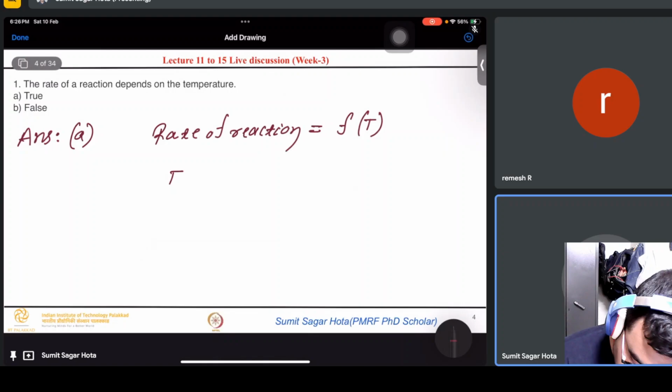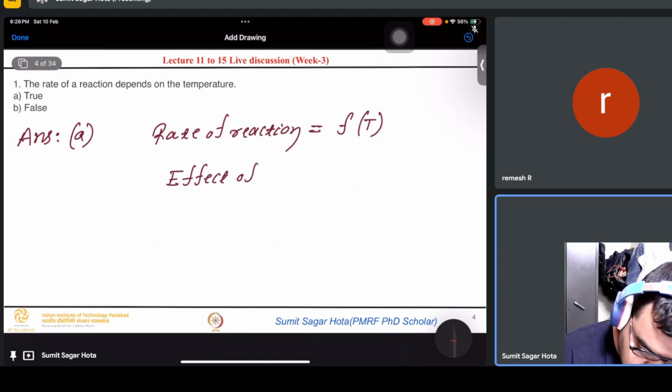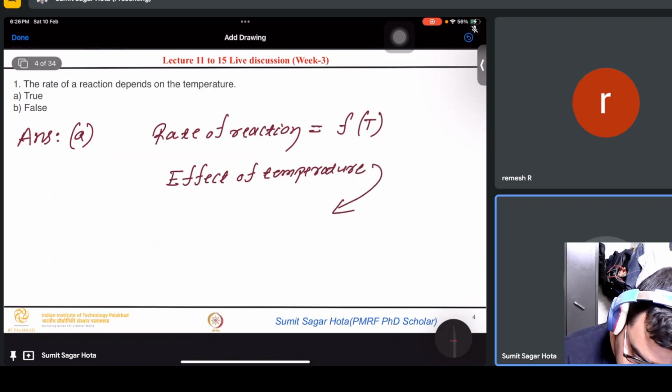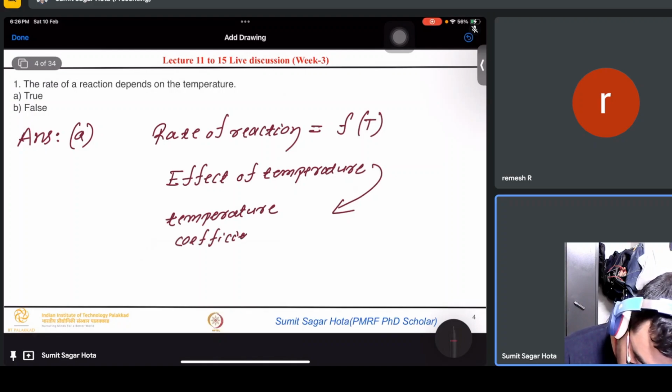Effect of temperature, terms of temperature, means direct.